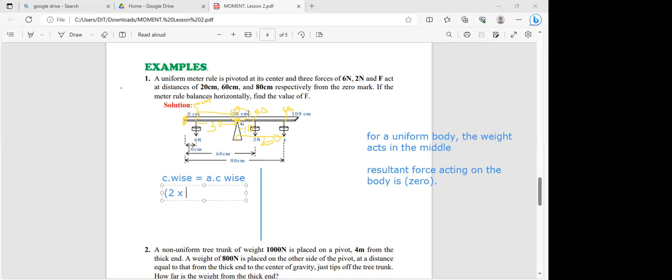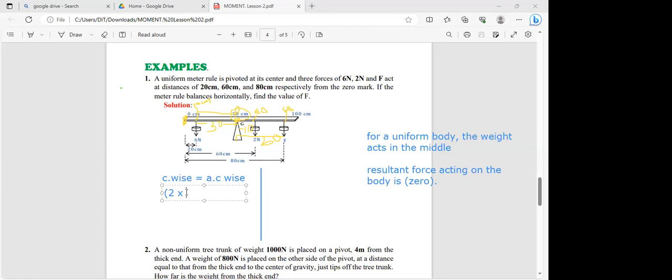Note me properly. If we are calculating moments, these distances that you are seeing, the 30, the 10, have to be in meters. So we are going to use 2 times its distance from the pivot, 10 centimeters, but we are going to change it to meters.